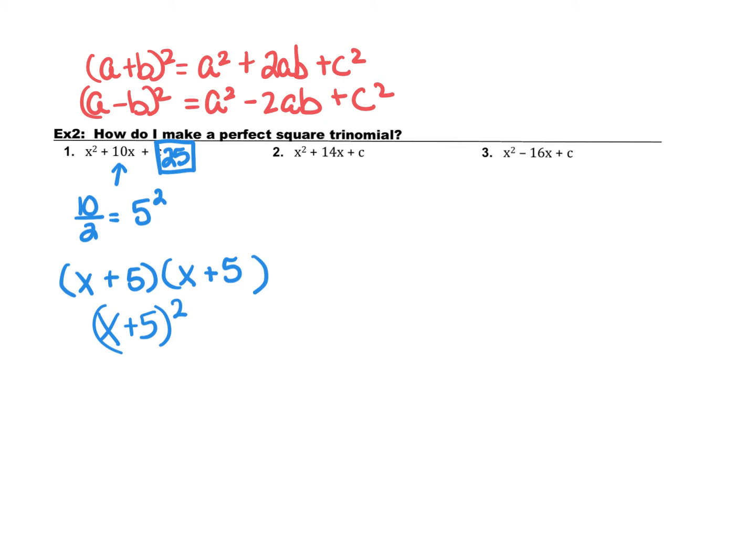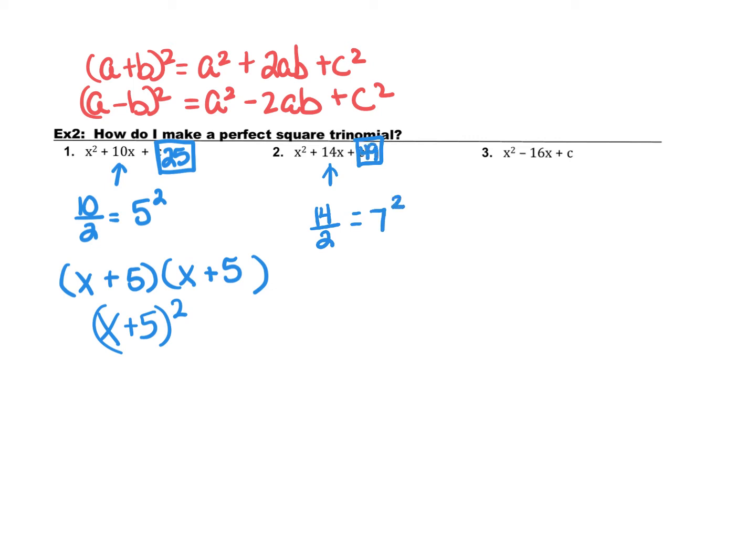We have x squared plus 14x plus something, all right? So again, we're taking this middle term right here, and I'm going to take 14 and divide that by 2, and I'm going to get 7, and then I'm going to square that, and that's how I'm going to get this number right here.